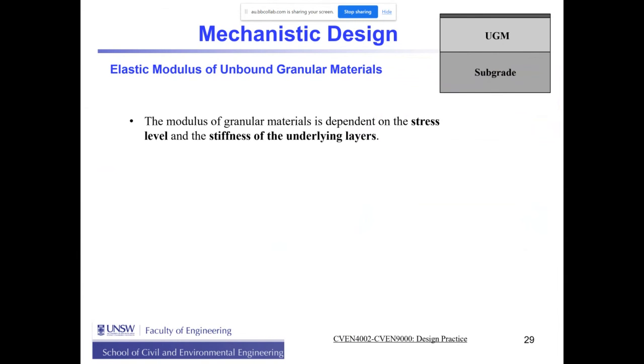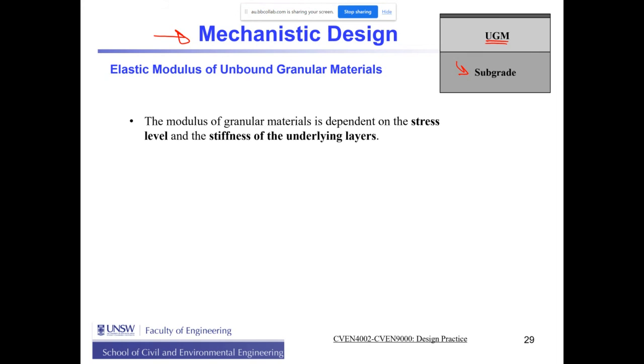Now let's consider that for sub-base layer or base layer, you want to use unbound granular material, and you want to use the mechanistic design. In that case, the stiffness of the material, the Young modulus of the unbound granular material, is affected by the lower strengths of the subgrade.